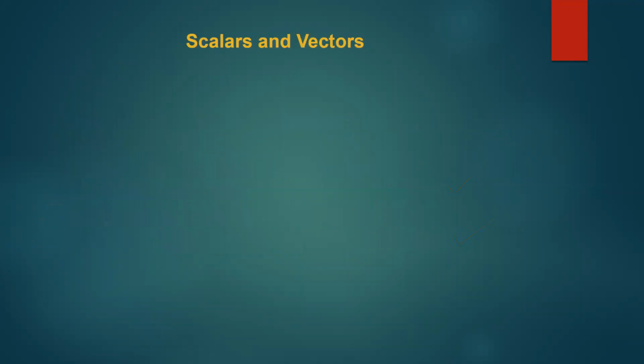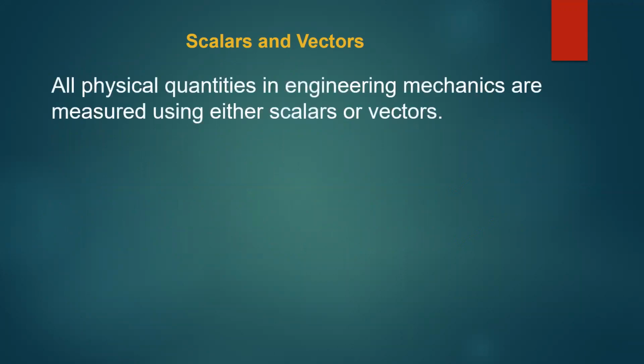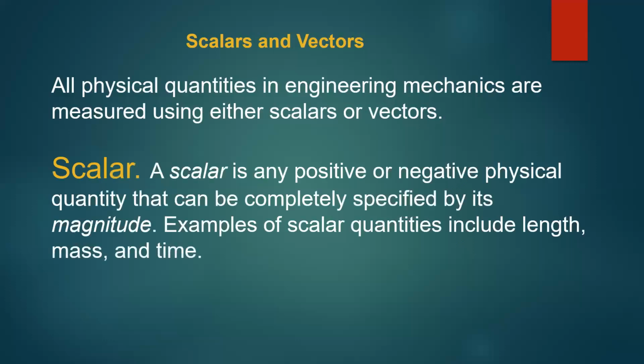So we'll start first by defining what a scalar is and what a vector is. The definitions are all the same as the ones that you know, and they are the ones we are also going to discuss in this course. A scalar is simply any quantity that has magnitude but no direction. Or you can define it as any positive or negative physical quantity that can be completely specified by its magnitude only.